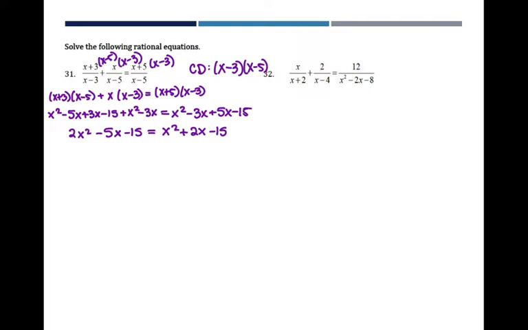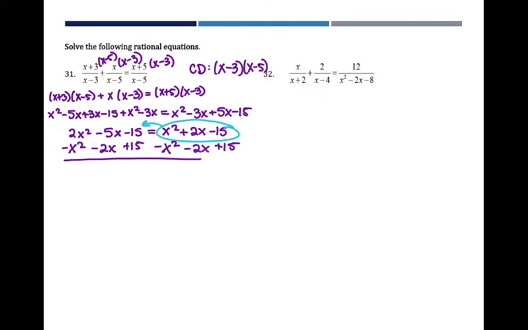And I do notice that I have quadratics, which means I should probably get it equal to 0. That way I can factor it. So I'm going to go ahead and move these terms to the other side, but when I do that, I need to subtract, or do the opposite. So I'm going to subtract x squared over here, subtract 2x over here, and then add 15 over here.